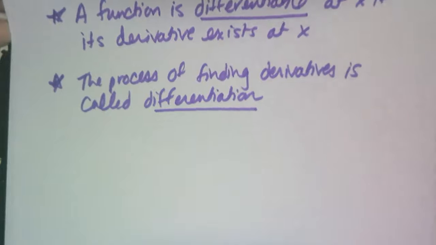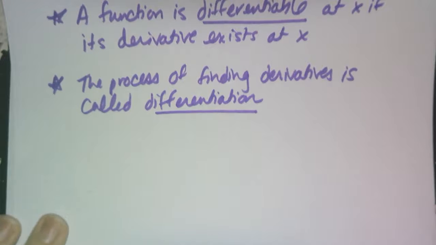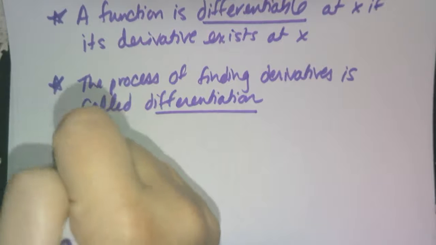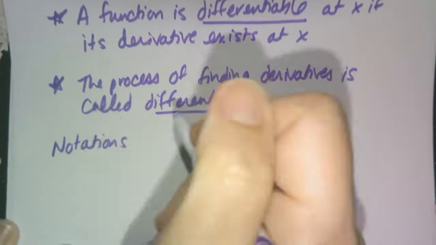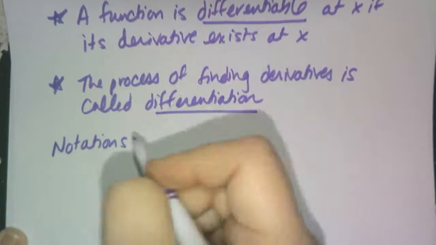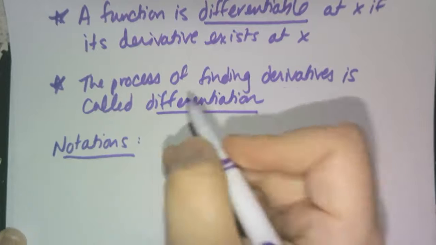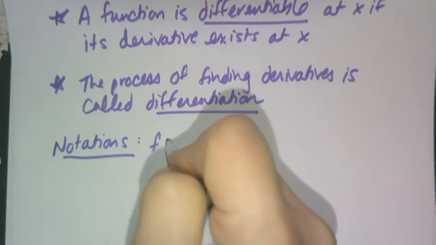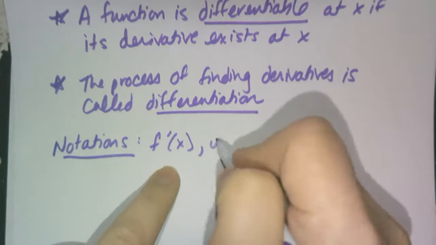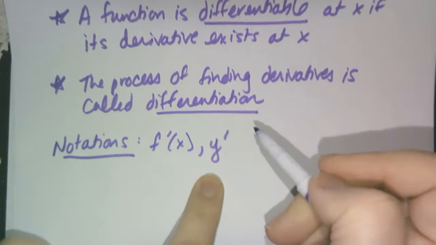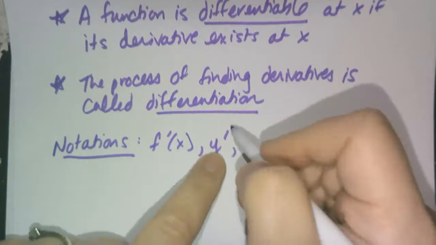The derivative at like -2 and -1.999 is different than -2. All right, some notations. F prime of x means derivative. Y prime means take a derivative. By the way, this means only first derivatives.